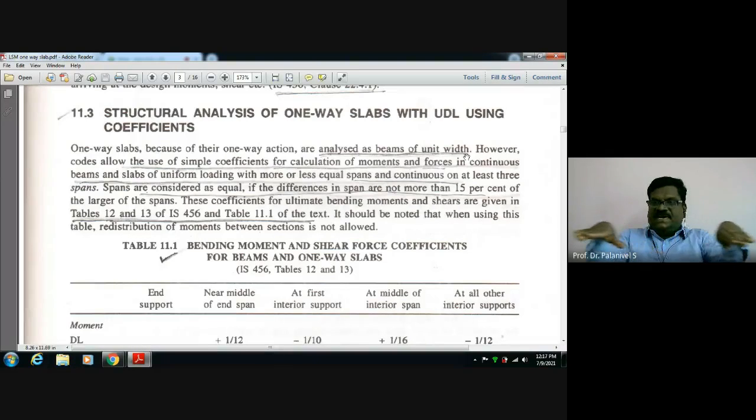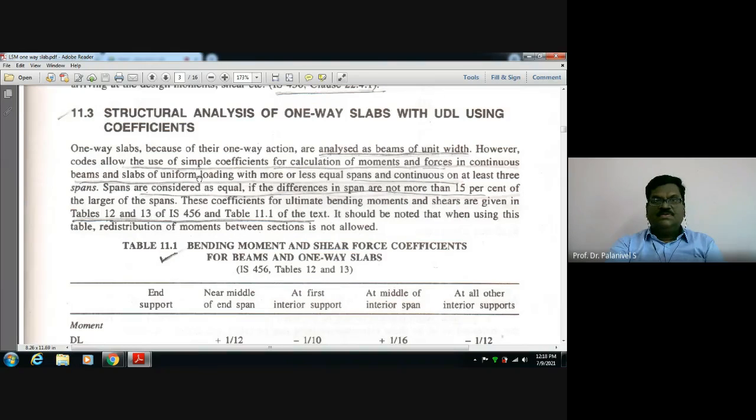Along the shorter span direction, you have to design for bending moment. In other words, you take a 1 meter wide strip of the beam along the shorter span and analyze and design it.